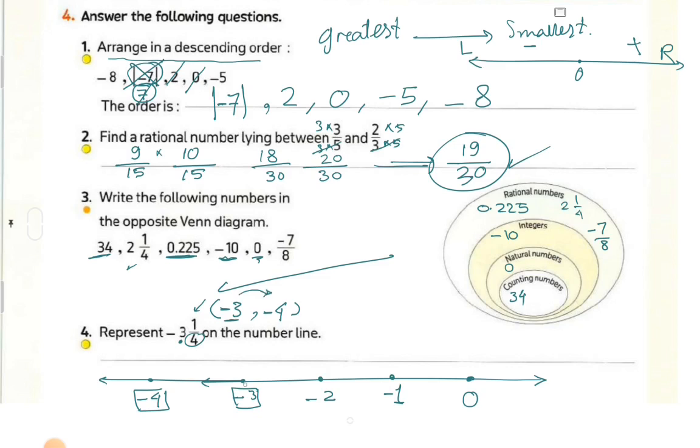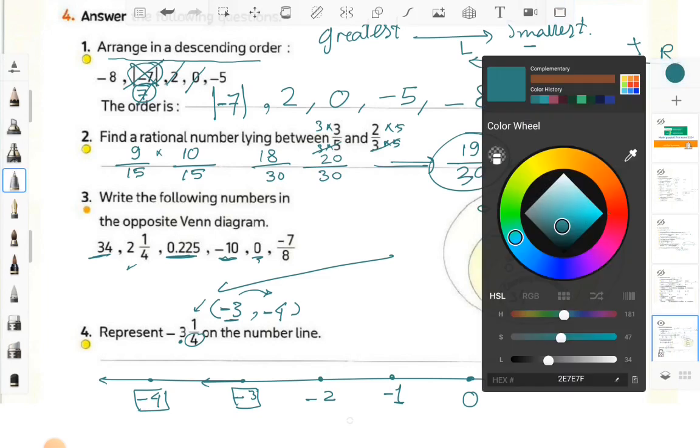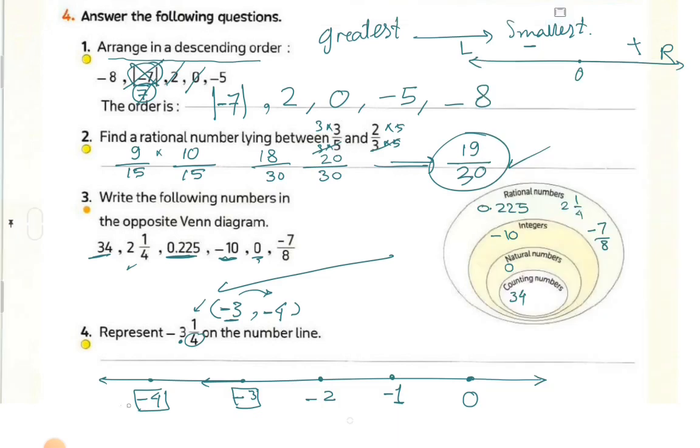Here we have to divide it: 2 parts, and then 1 part, 2 parts. Now we have 1, 2, 3, 4. I need just 1 part. After negative 3, take 1 part, so my number would be here: negative 3 and 1/4. This is the place of our number negative 3 and 1/4.